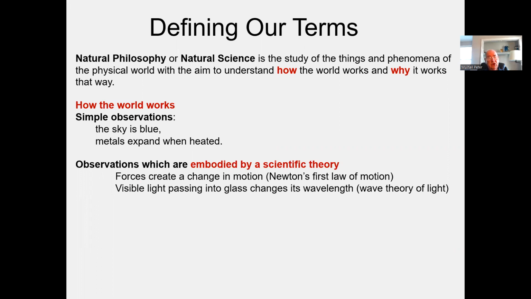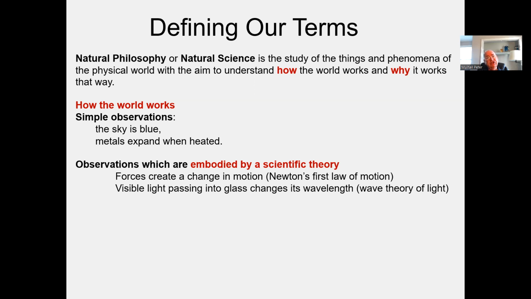Another one is that visible light passing into glass changes its wavelength. Well, again, that statement almost is not even understandable unless you understand the framework of the wave theory of light. But once you've studied that theory, then this observable fact makes a lot of sense. What this means, in one theory, is that when visible light passes into glass, it slows down.